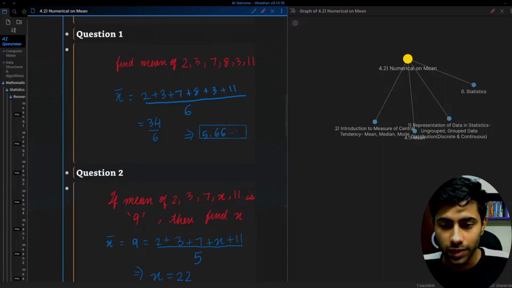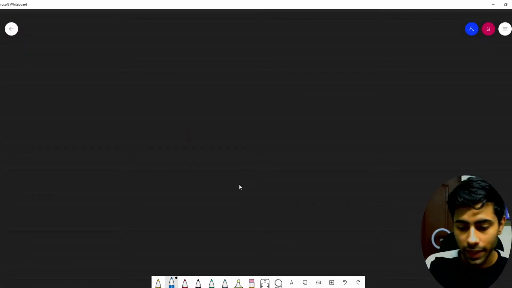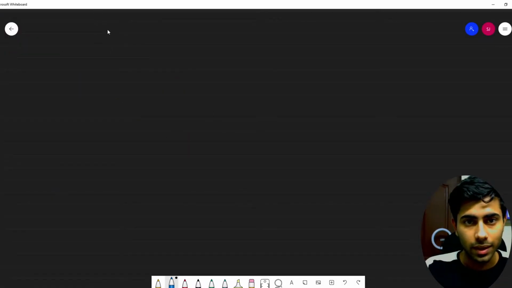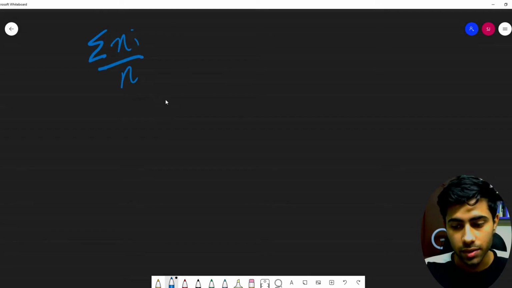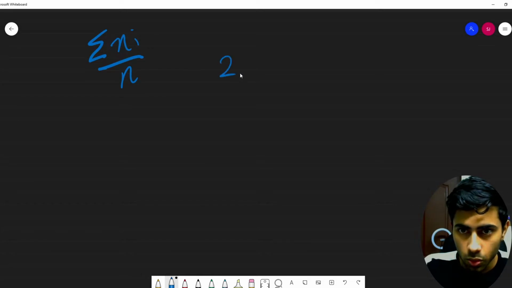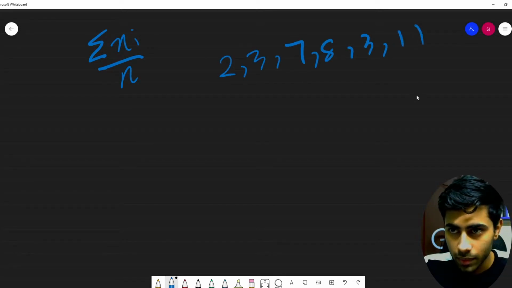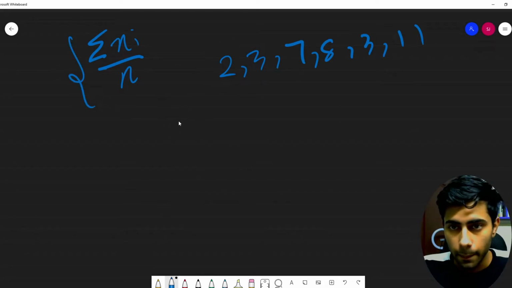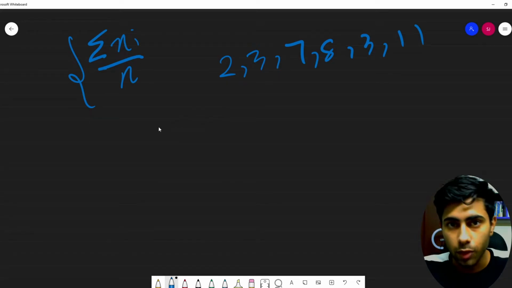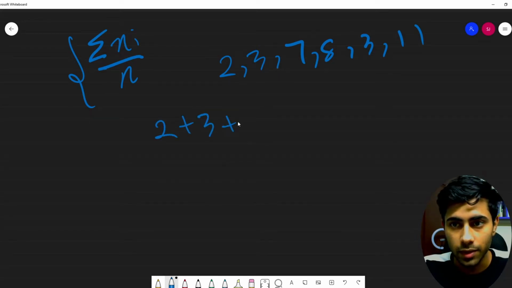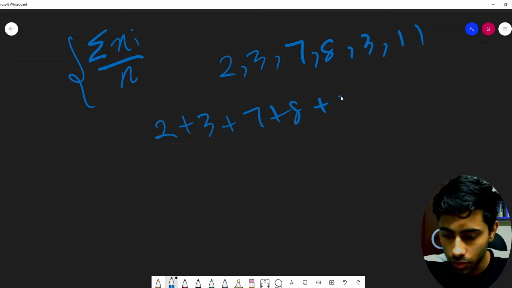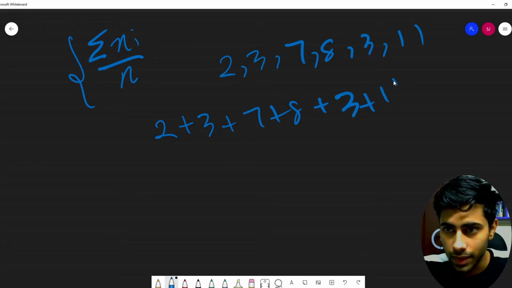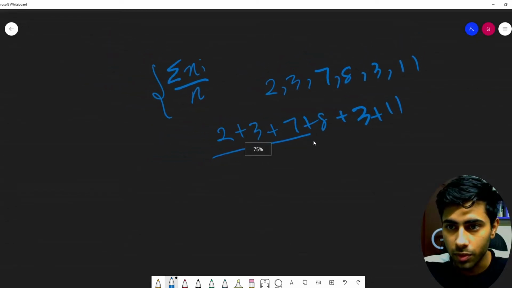So I can simply use this formula, that is summation of xi divided by the number of observations. My data here is 2, 3, 7, 8, 3, 11. I first take the summation of each and every observation, that is 2 plus 3 plus 7 plus 8 plus 3 plus 11, and then divide it by the number of observations.